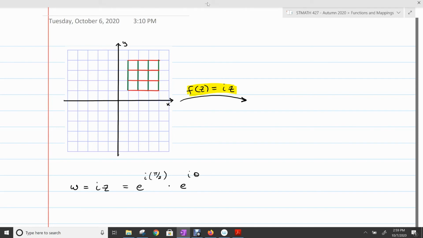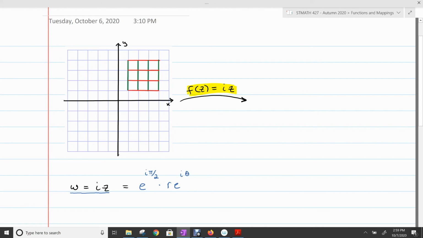Well, one thing that will really help you to understand this, the function w equals iz, if we replace z with, let me back up a little bit here. If I replace i with its exponential form, well, i is equal to e to the i pi over 2. And z, just the general variable, can be written as r e to the i theta.